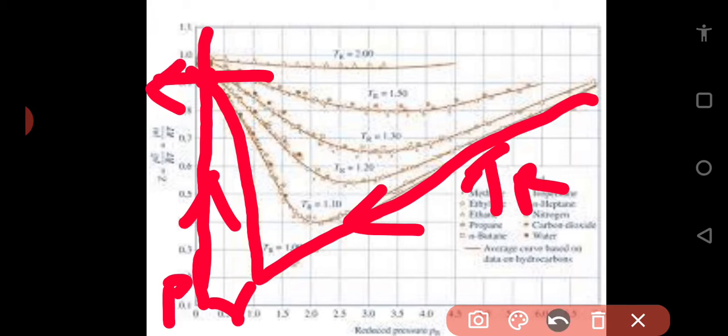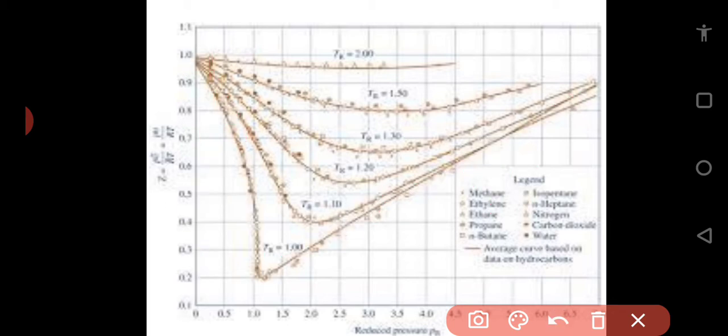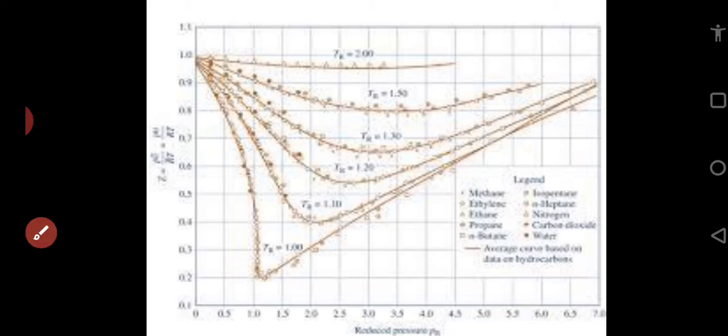So we will find out. You can see one by one. Z is slightly above 0.9. Okay. So using the compressibility chart, when we have seen for PR 0.177, TR 1, we get Z equal to 0.94. Now we have to find out R. What is R for ammonia?